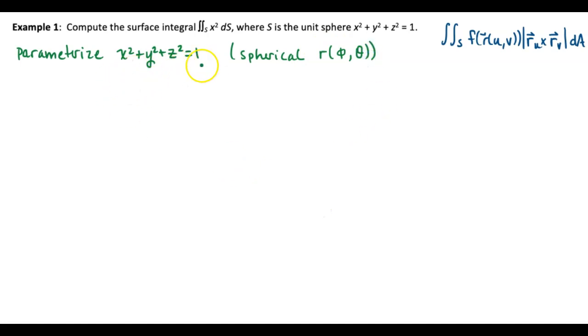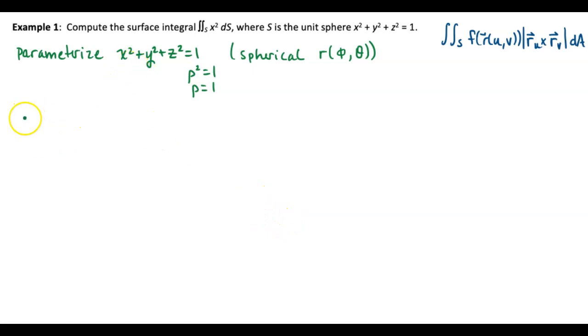And here's why. I can write this because it's x squared plus y squared plus z squared equals 1. I know that my rho squared is equal to 1. And so my rho value is just 1 because I know rho is positive because it's the distance from the origin to any given point on this sphere.